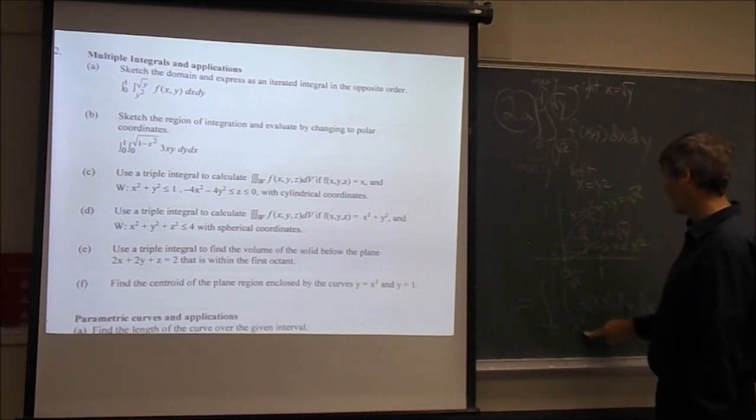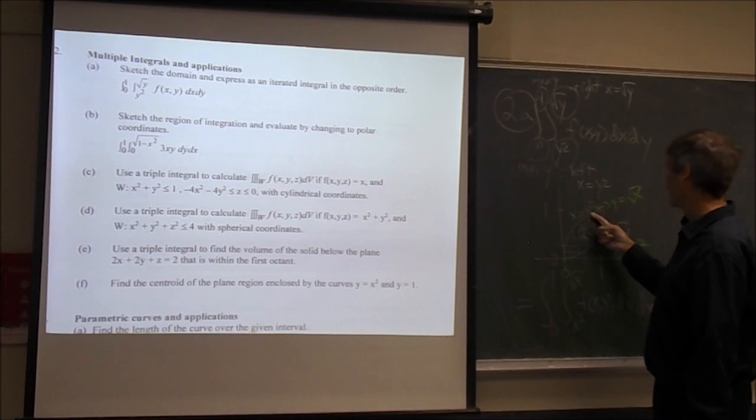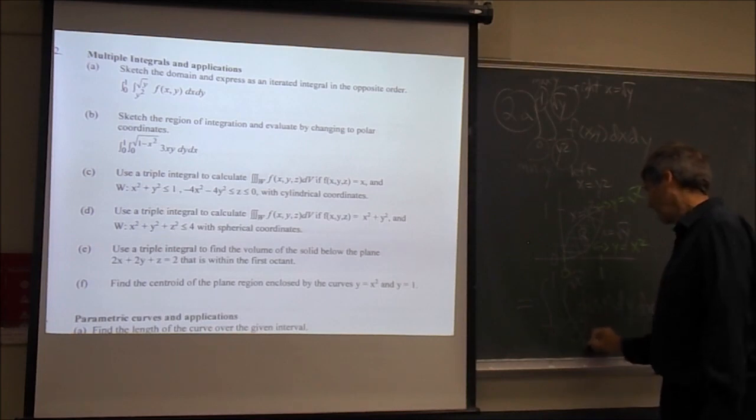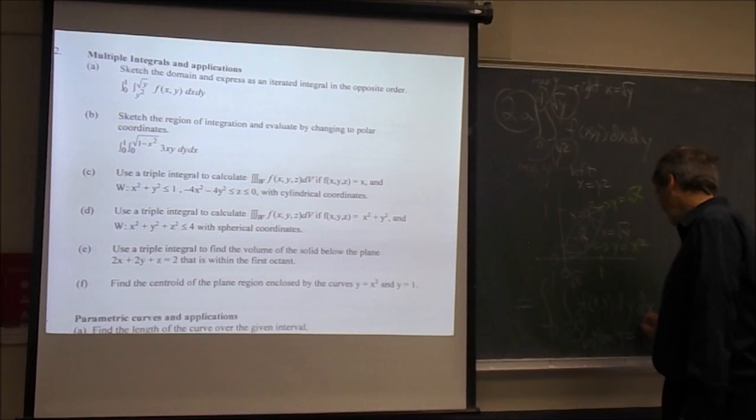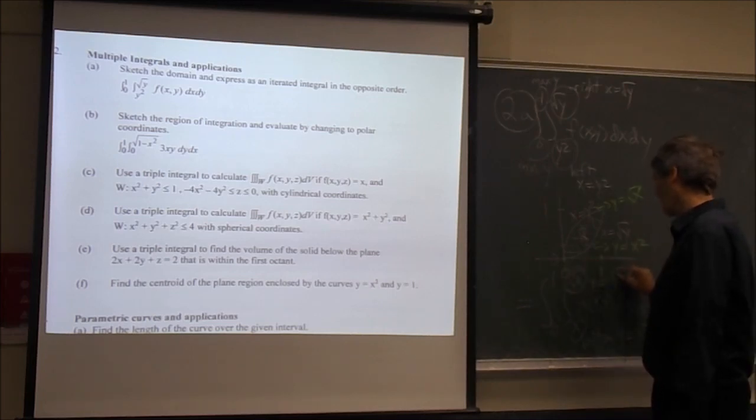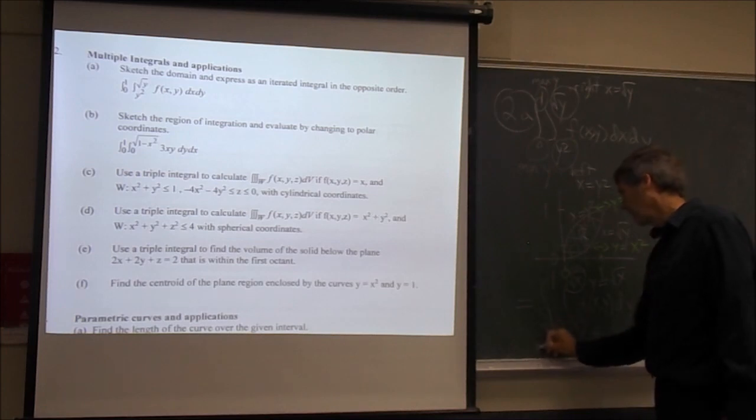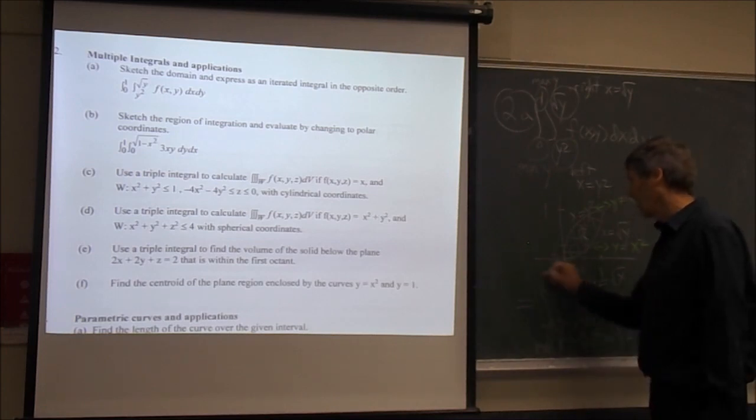That's the bottom curve for this vertically simple region. And on the top here, x equals y squared, I take the square root of both sides and get y equals square root of x. And so now we go from bottom curve, y equals x squared, to a top curve, y equals square root of x, running from a min of 0 to a max of 1.